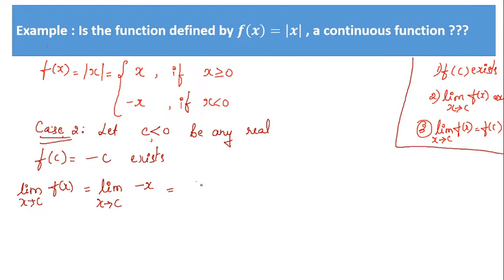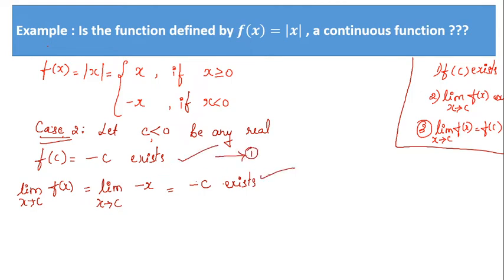So that is nothing but minus c. Again this exists because this is a finite value. This particular limit also exists because minus c is a finite value. Already c is a finite value, so if you multiply by minus 1, again you will get a finite value itself. So this also exists. So we have verified the first two steps.